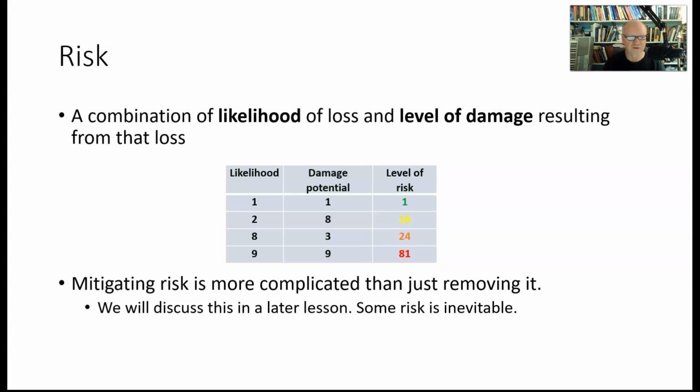I can either decrease the likelihood or I can decrease the level of damage. Decreasing either one is going to lower that risk. Or I might just accept the risk. Very low likelihood, low damage if it does happen, then why throw a lot of money at it and a lot of time at it? So I might accept it. Well, we'll deal with that in a later discussion. There are lots of different ways to deal with risk if a risk is revealed to us.